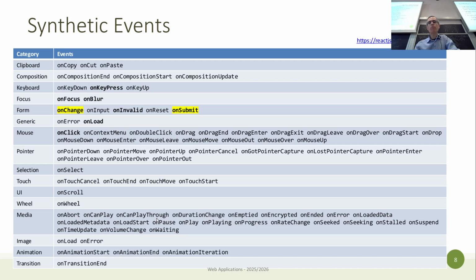Good. So this is a big list of synthetic events, but just to give you an idea, there are so many events, probably 100 or something like this. These are not all events. But the ones that we really care about are onClick, onChange, and onSubmit.